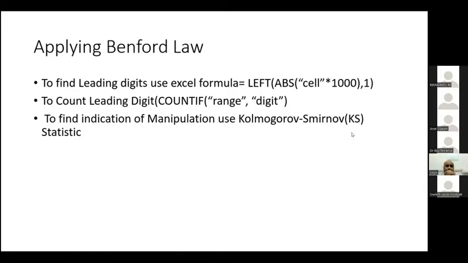And then we calculate the Kolmogorov-Smirnov statistic. How it is calculated: first we take actual digit 1 minus expected digit 1 and find the difference. Then actual digit 1 plus actual digit 2 minus expected digit 1 plus expected digit 2, the difference.